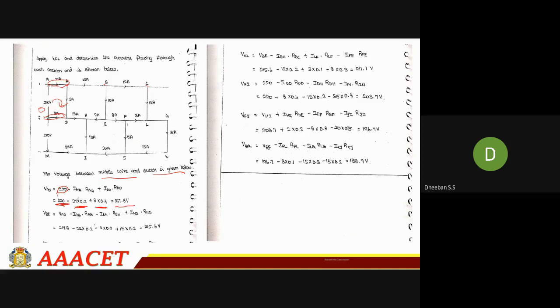So we'll be getting around 217. Similarly, you have to apply this for each and every loop, and you will get your voltages. Thank you.